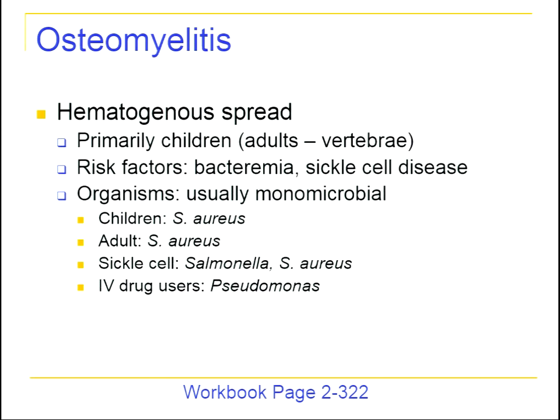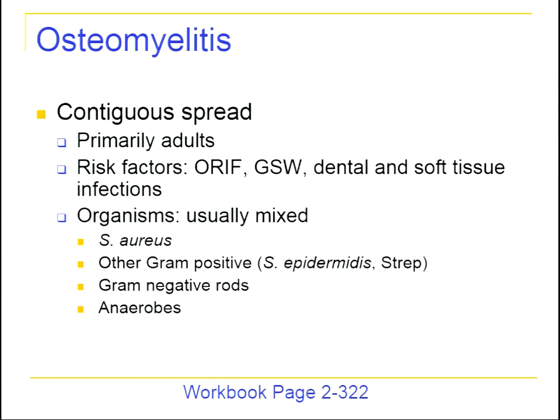Risk factors include bacteremia, sickle cell disease, and then they're usually monomicrobial, usually gram-positive, usually Staph aureus, but you can see in some different risk groups like sickle cell patients, IV drug users, you can see slightly different organisms that you need to be concerned about.